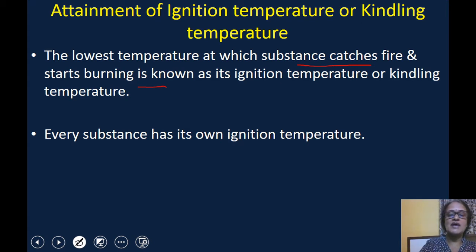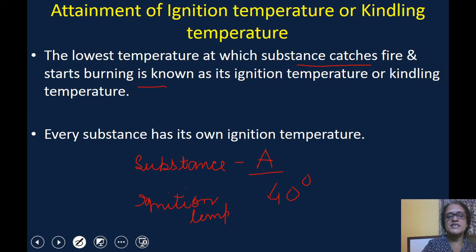For example, you have a substance A, and suppose the ignition temperature of this substance A, or its kindling temperature, is 40 degrees centigrade. Now, the room temperature is around 25 degrees centigrade.